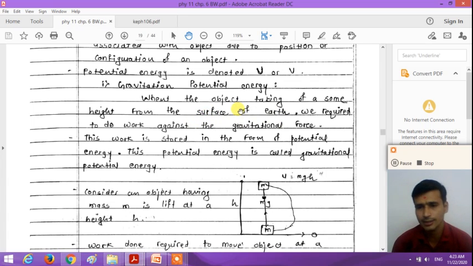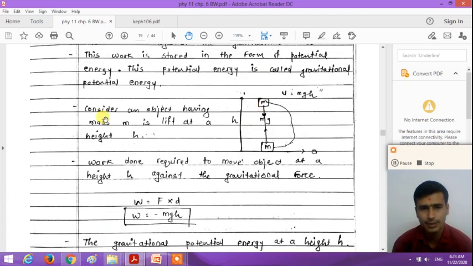Understand, dear student, what we mean by gravitational potential energy: the work done to take the object from the surface of the earth to some height is stored as potential energy.